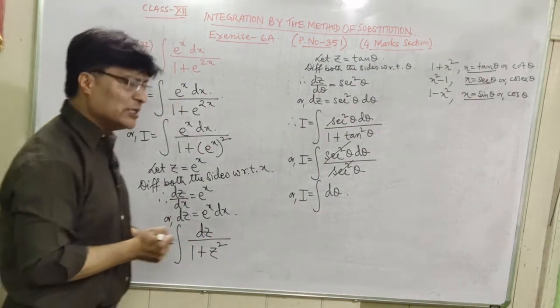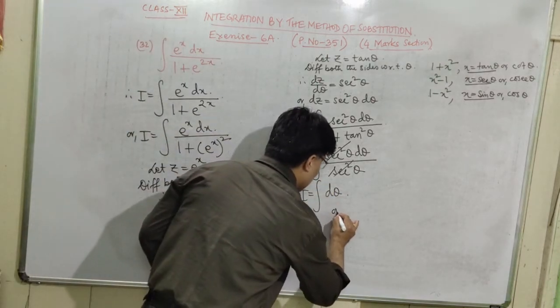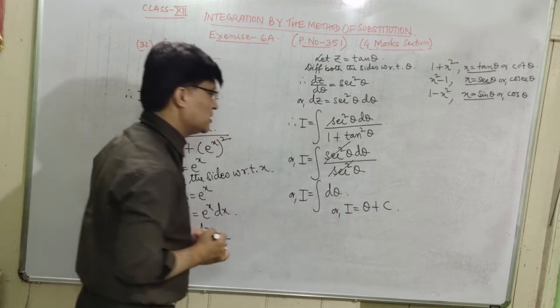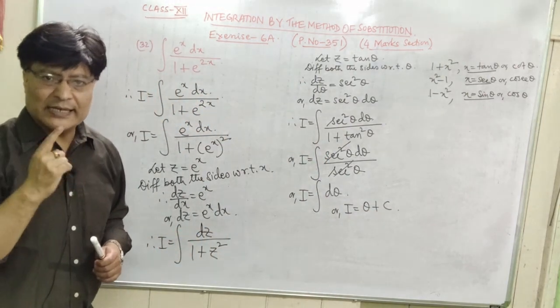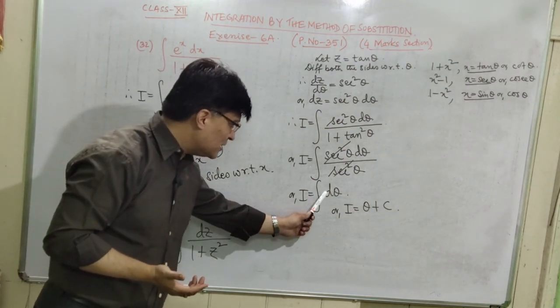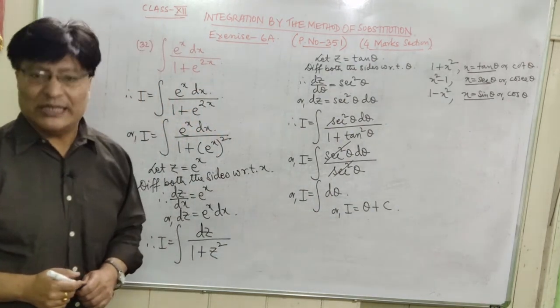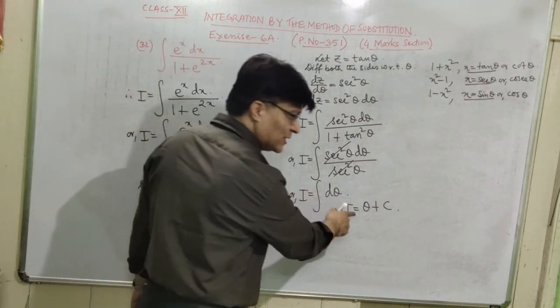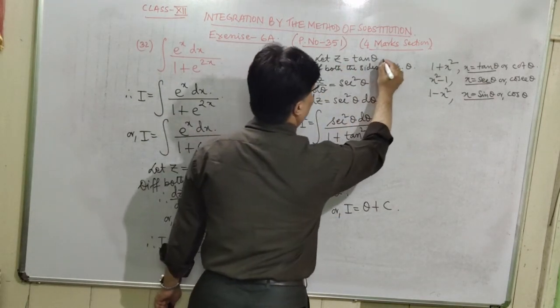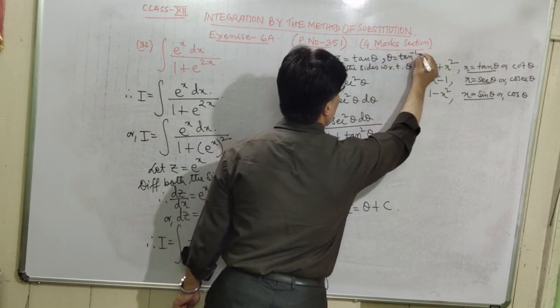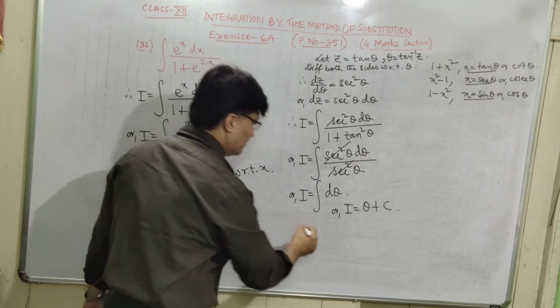Okay. So what is integration d theta? That is theta. So I is equal to theta plus c. If it is integral sine dx, then we can write x. But if it is integral sine d theta, we can write I is equal to theta, and plus c should be there. Now we can put the value for theta here. If z is equal to tan theta, what is theta equal to? You can write it in terms of inverse circular function, that is tan inverse z.